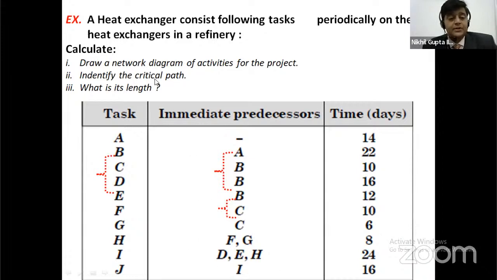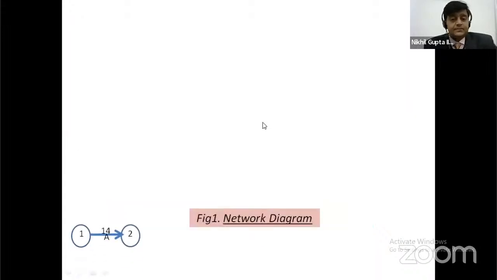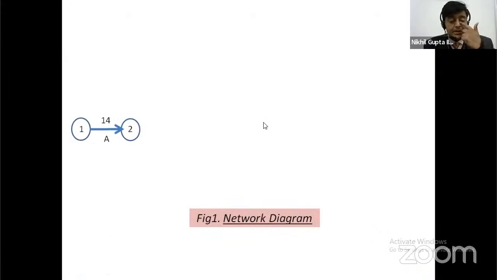Now, how to draw the network diagram? First, task A, which takes 14 days, does not have any predecessor. Like this, we draw activity A. Activity A goes from event 1, the starting event, to the second event.